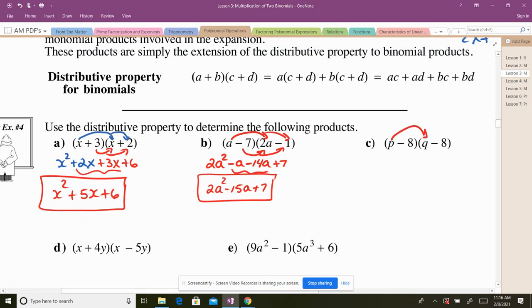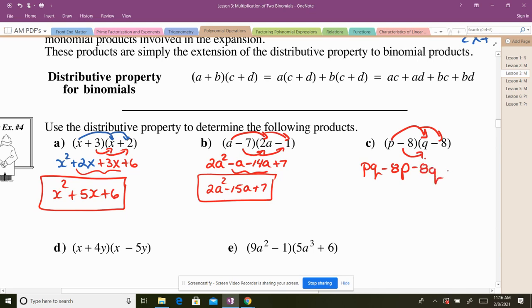So p times q is pq, because you can't do anything. They're not the same variables, right? So you just go pq. p times negative 8, or negative 8p. The convention would be to write the number first. Negative 8 times q.